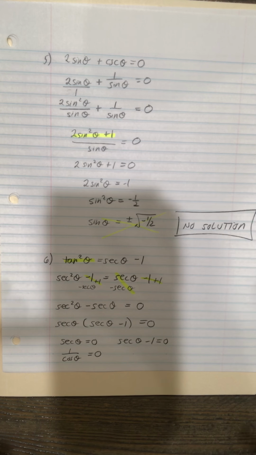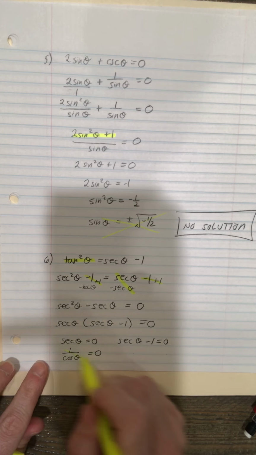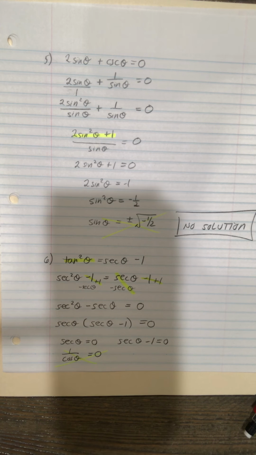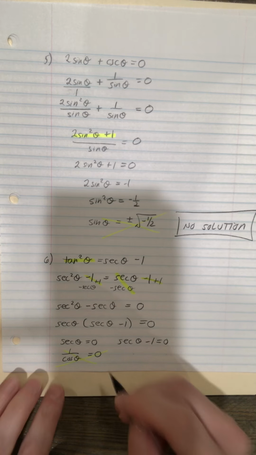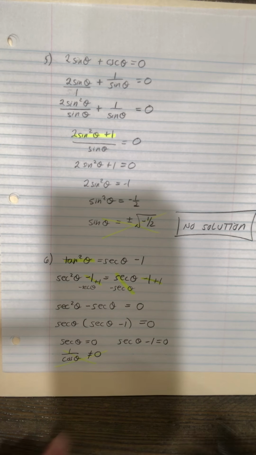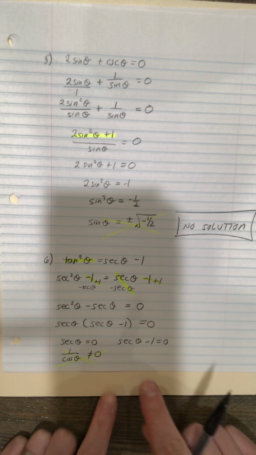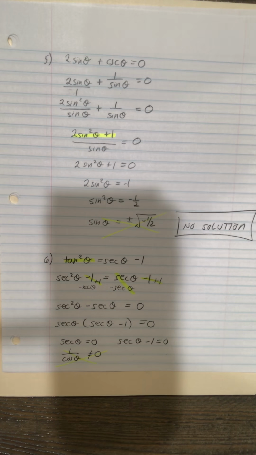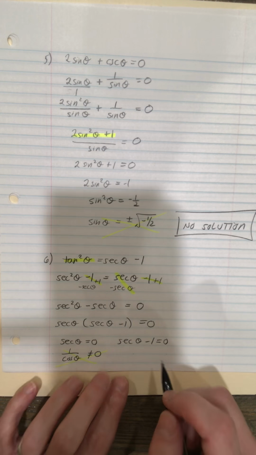Is that possible? Can you divide 1 by a value and output 0? The answer is no. This is not possible. 1 divided by a value cannot equal 0. So the only solution I have to worry about now is secant theta minus 1 equals 0.